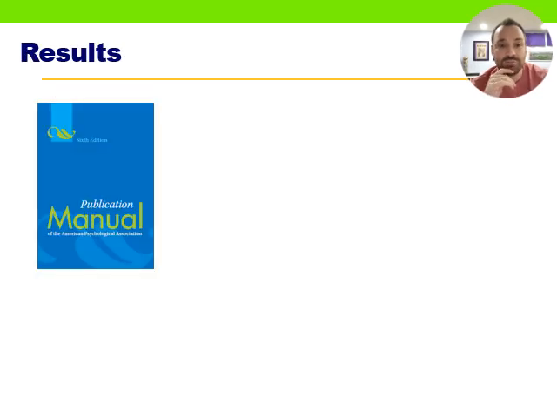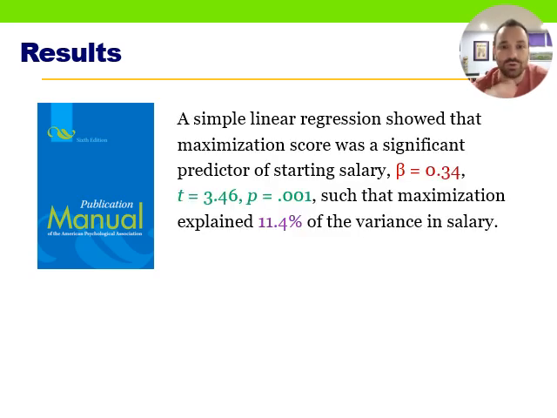All right, so to put a bow on this thing, we will write up our results in APA format. We're going to add a few things that we didn't include last week, but that we now know how to do. So we did a simple linear regression, and the results showed us that maximization score was a significant predictor of starting salary.